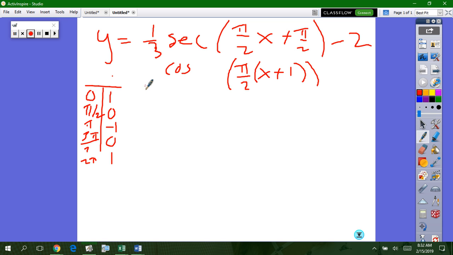What are we going to do first? The pi halves, x. Okay, what does that do? Times everything by what? 2 over pi, which becomes 0, 1, 2, 3, 4.